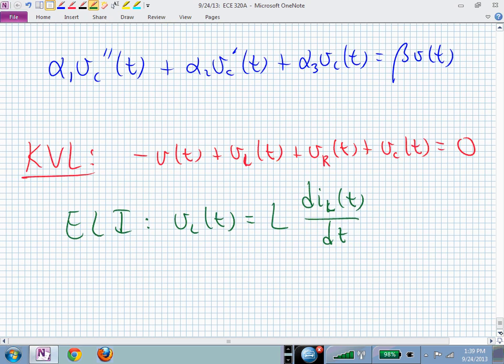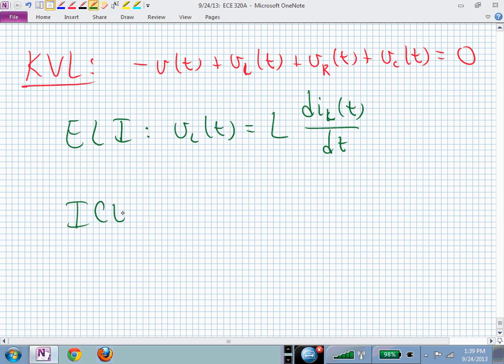And ICE tells us that I sub C of t, which in this case, since those elements were in series, is the same as I sub L of t, is equal to C dV sub C of t dt.